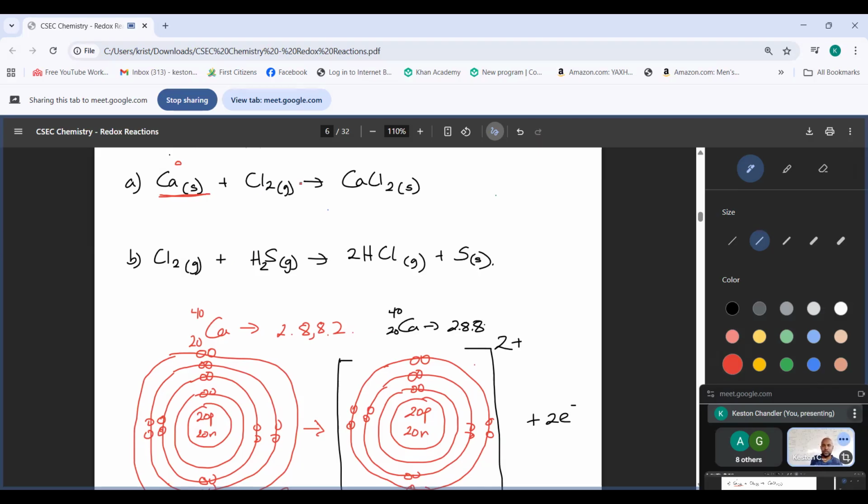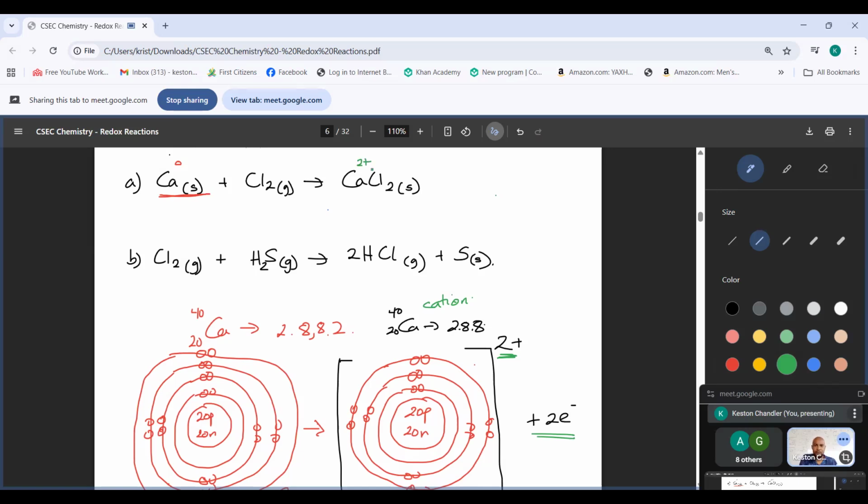When it reacts with the chlorine, on this side of the equation it changes from being calcium in its elemental form to a calcium cation. It's a positively charged ion because it lost 2 of its electrons. These are the 2 electrons that it lost here. Understand now? So we're going from Ca0 to Ca2+.